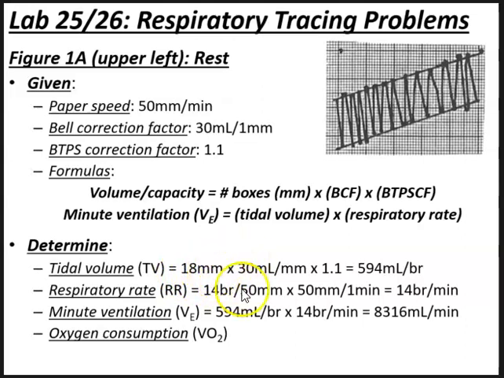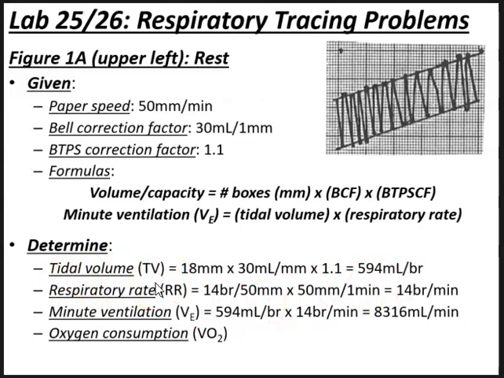We then multiply by our bell correction factor, 30 milliliters per millimeter, and then multiply by the BTPS correction factor, 1.1. We cancel our units. So the tidal volume we are calculating to be 594 milliliters per breath. Okay, so that is our tidal volume.